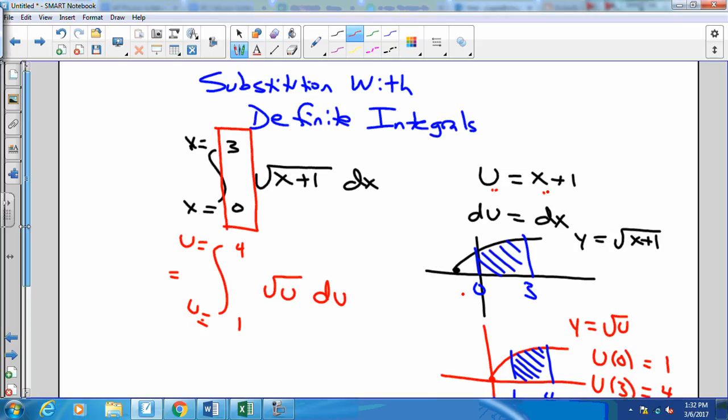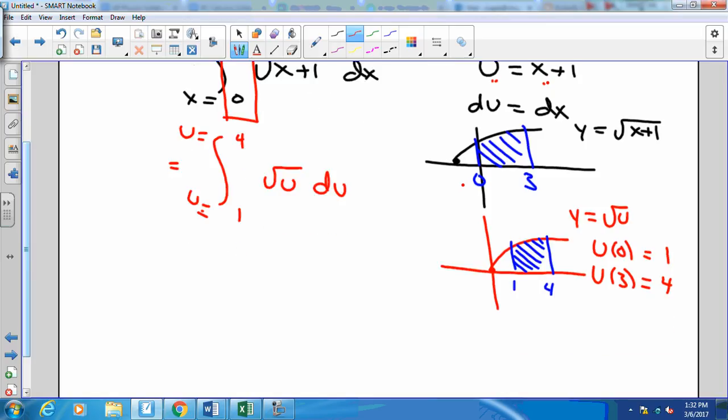Now, let's go ahead and carry out this integration and get a value, and then I want to come back and make a point about that value. Go ahead and integrate. The integral from 1 to 4 of root u du is... what antiderivative rule are you using?